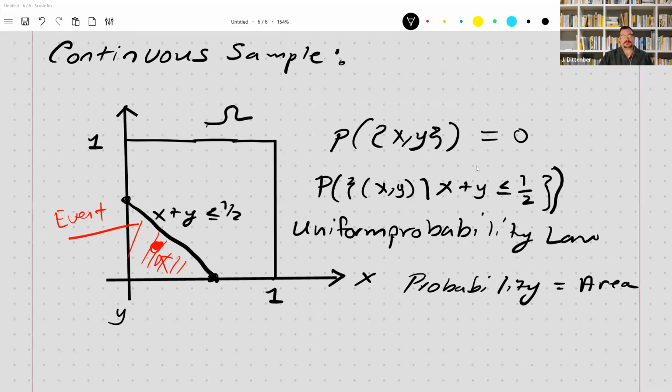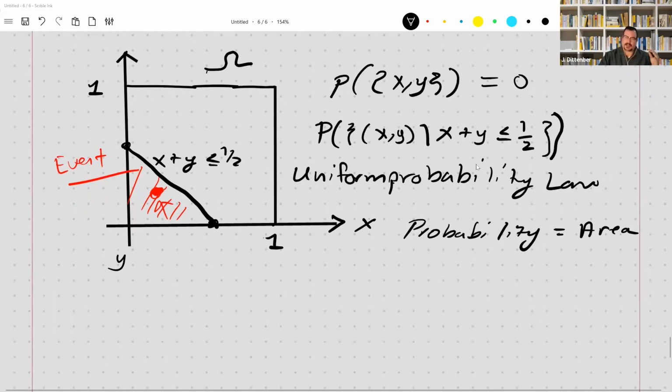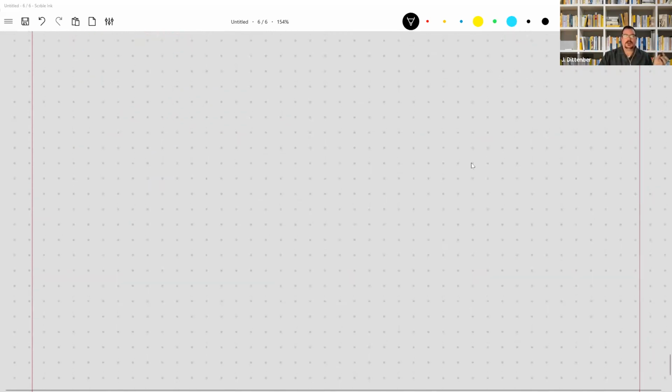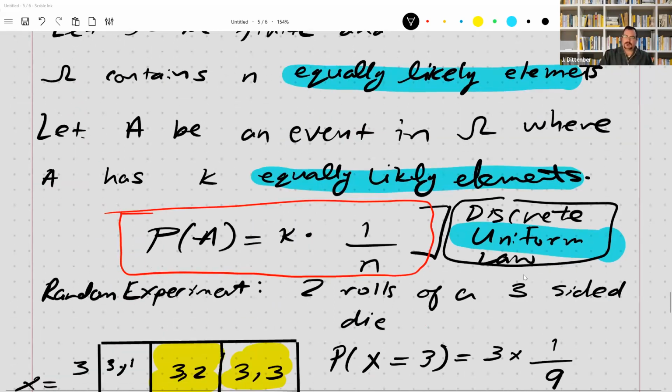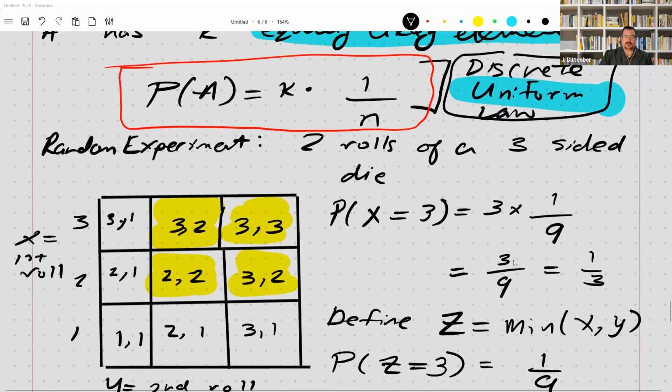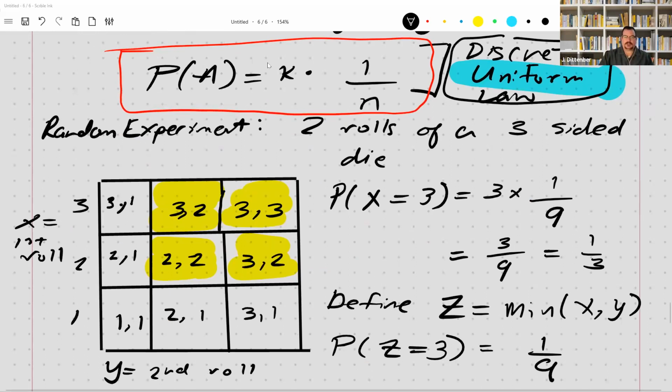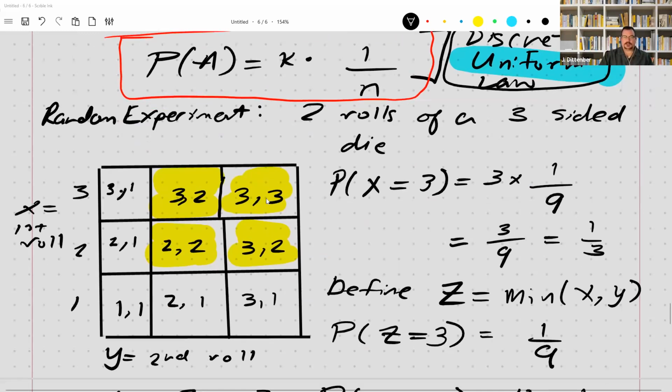Okay, so let me go back here to revise. For discrete sample spaces, we have the discrete uniform law, meaning that we can essentially find the ratio of outcomes in the event we're interested in over outcomes in the entire sample space.